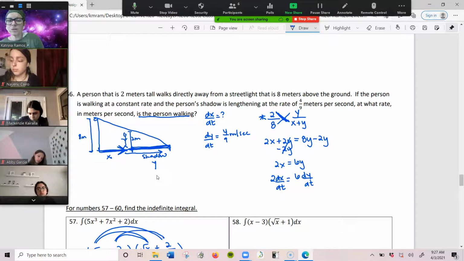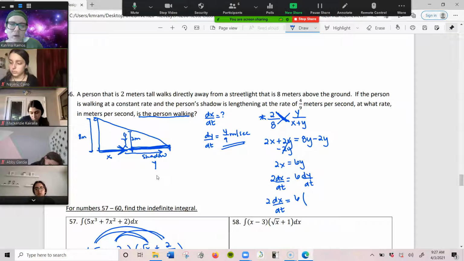Now we have dy dt, we need dx dt, which is exactly what this equation lets us find, because I can now plug in the dy dt and solve for dx dt. So we have 2 dx dt is equal to 6 times dy dt, which is 4/9.